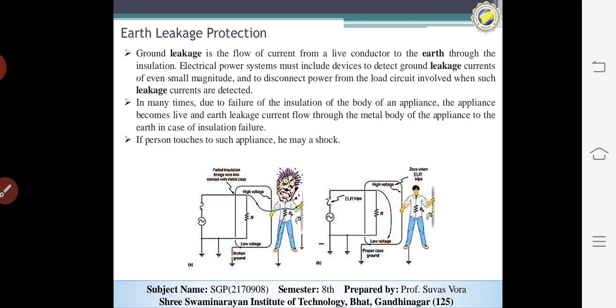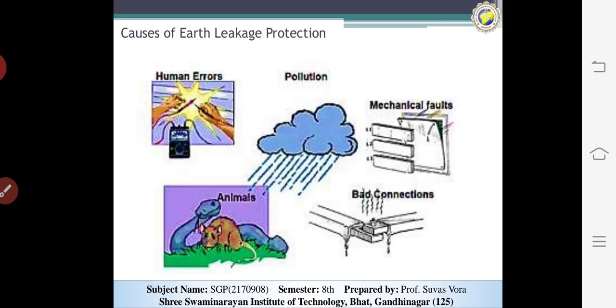Many times we use earth in industrial and commercial appliances. So these are the causes of the earth leakage protection system. You can see that earth faults arise from different human errors. Sometimes if I measure two operating points, a short will arise.